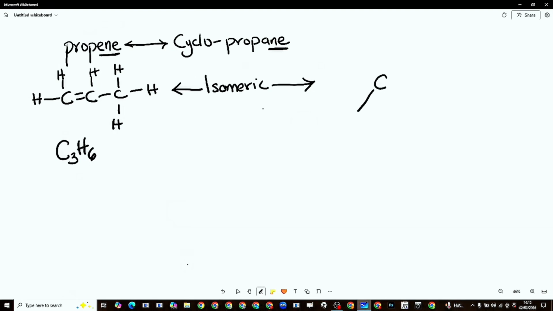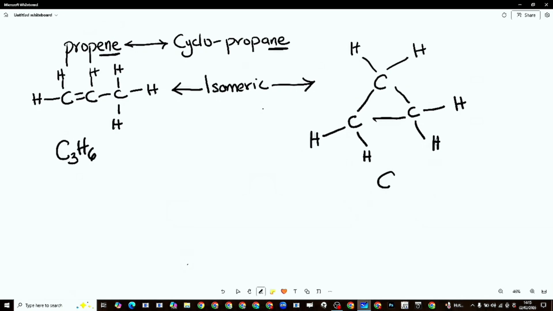This is C, this is C, and this guy is C. So this carbon has 2 hydrogens, this carbon has 2 hydrogens, and this carbon also has 2 hydrogens. So if you watch, it's C3 here.